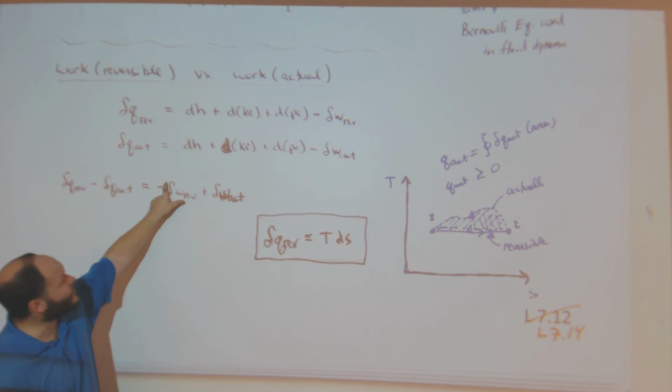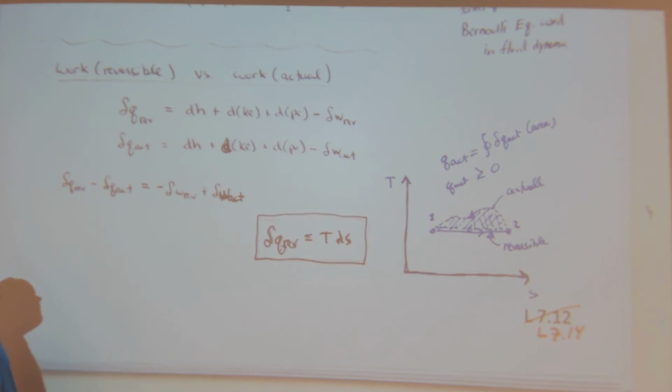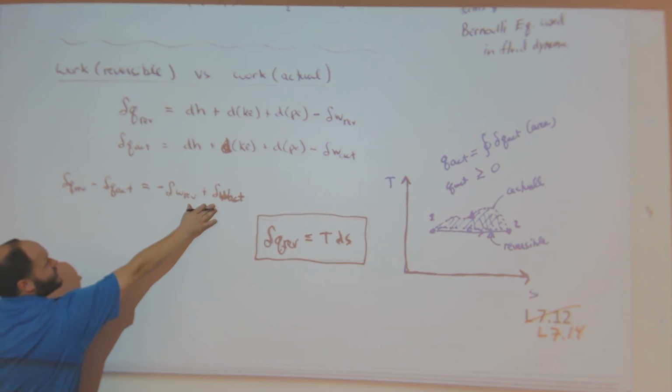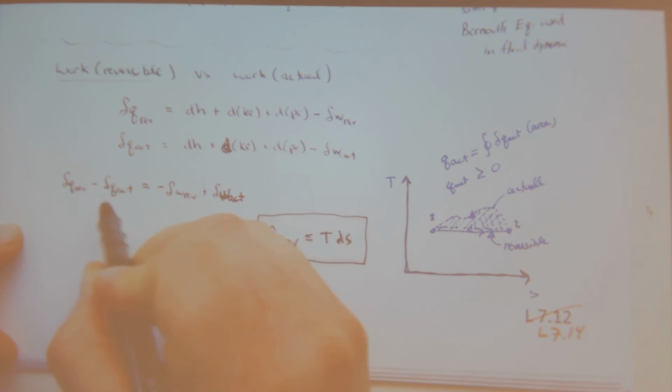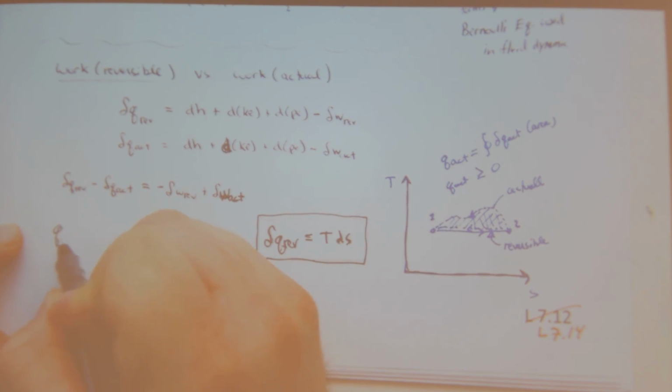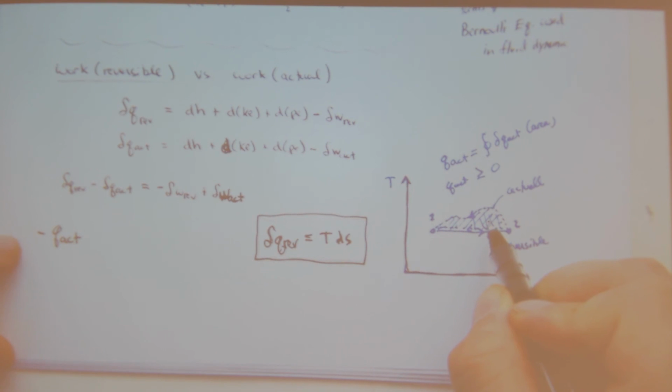So I can compare my reversible work with my actual work. So let's leave this over here and let's bring it just over. I'm integrating, so I know to go through this process, right? So I have Q actual, which is a positive number. I've identified it right there.